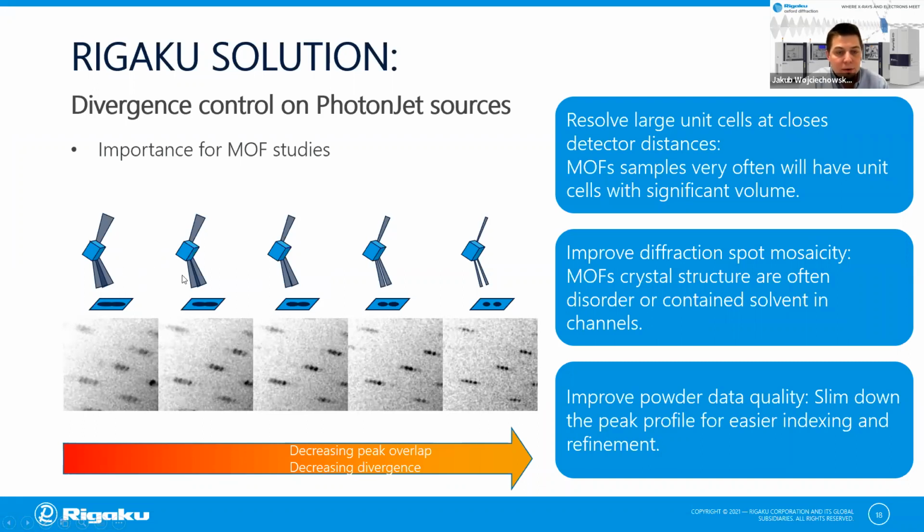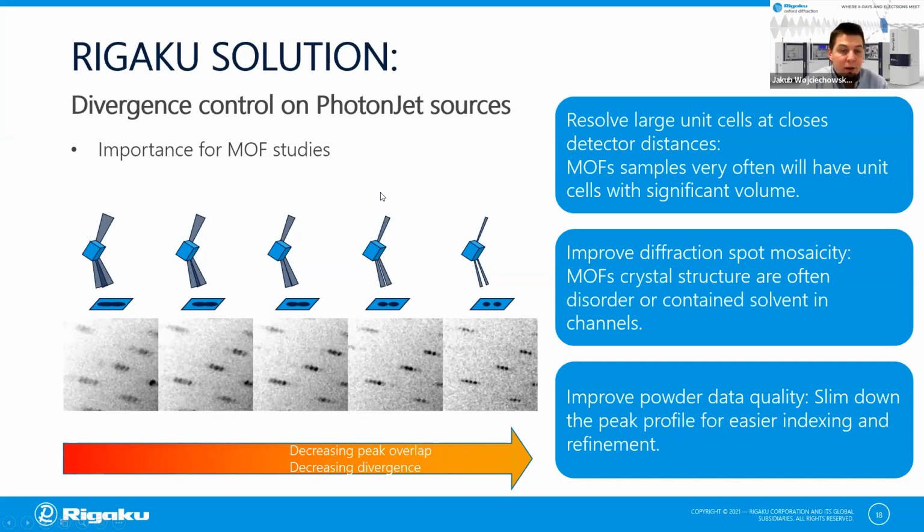The MOF very often will have a large unit cell with significant volume, which can cause overlap, especially if you ever measure single crystal MOFs. You know that the quality of this crystal is not always perfect, and very often the spots are overlapping.